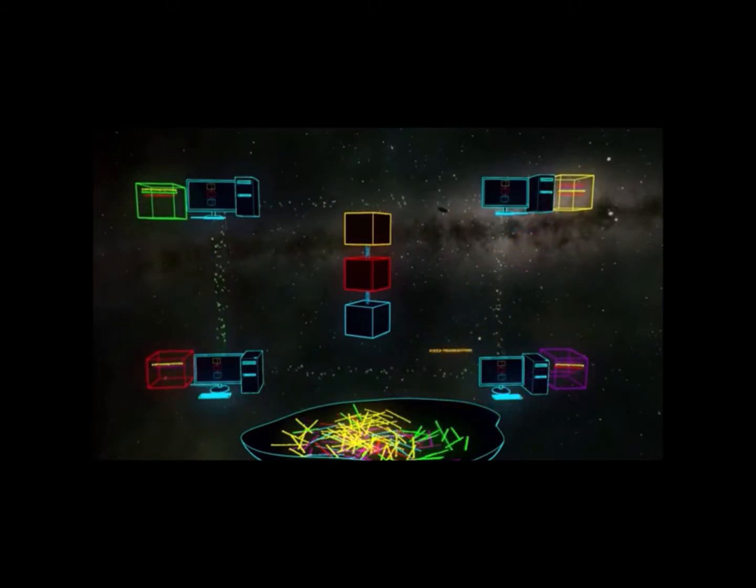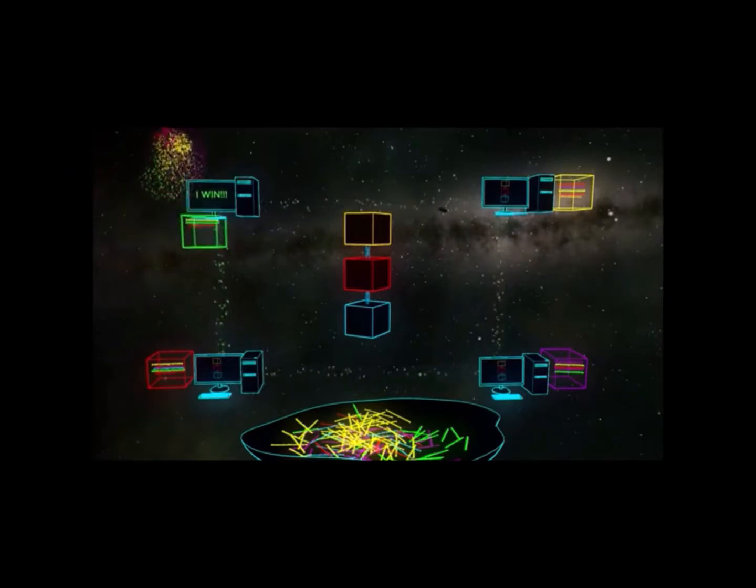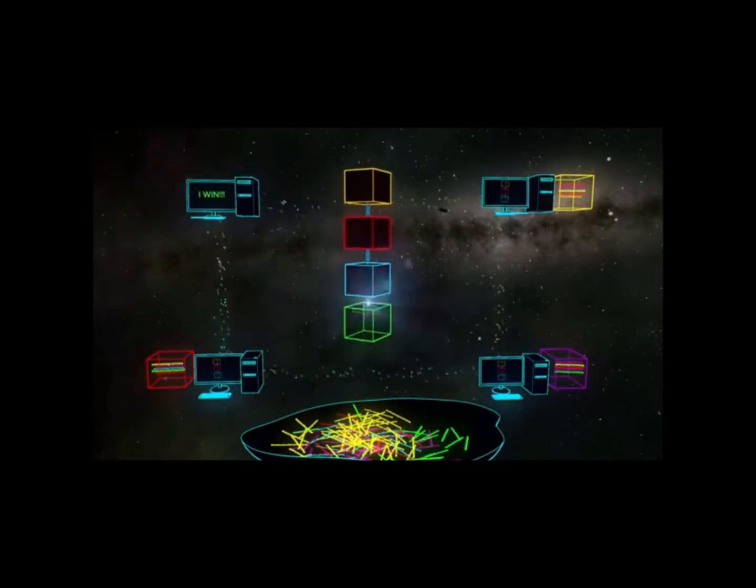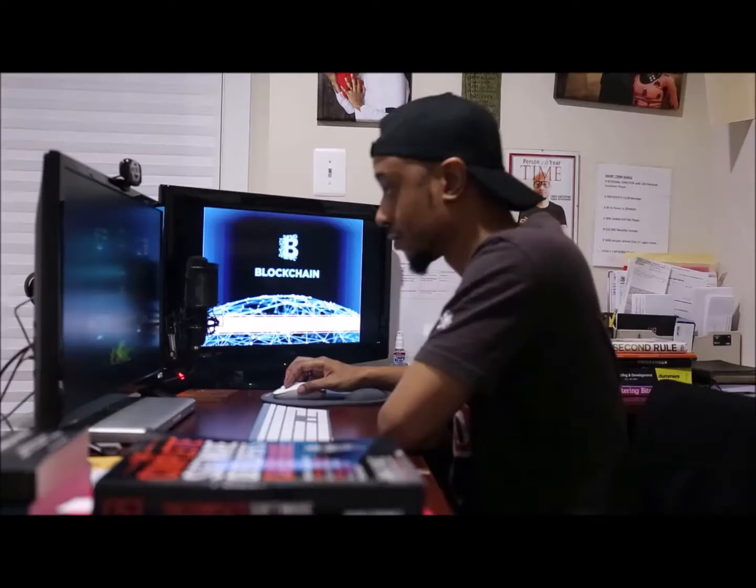The computers are all creating blocks constantly in the hope that theirs will be the next one added to the official chain. A new block is added to the chain every 10 minutes or so, when one of the computers wins the right to have its block recognized as the next in the chain and is rewarded with a prize of newly created bitcoins.